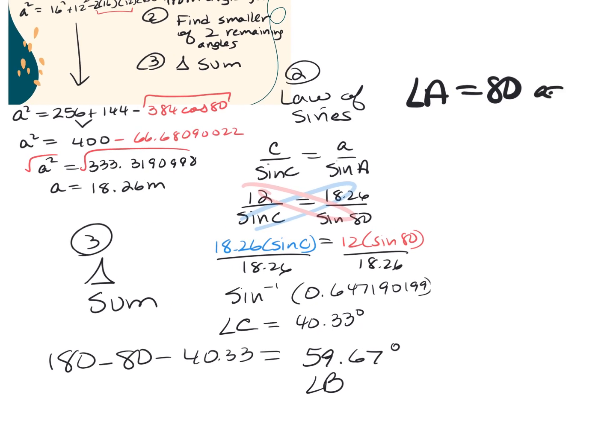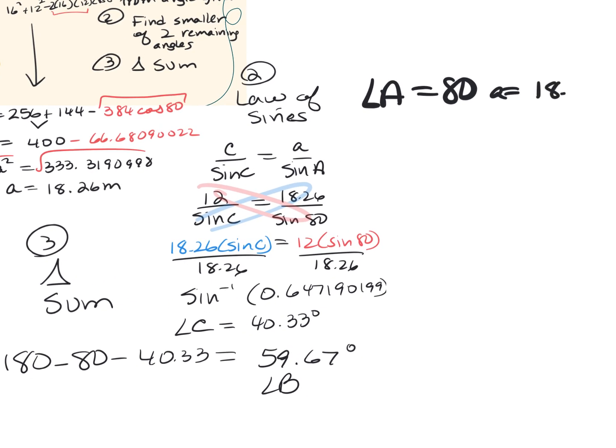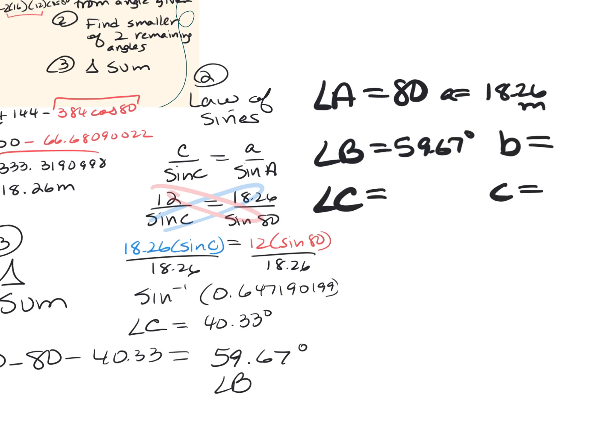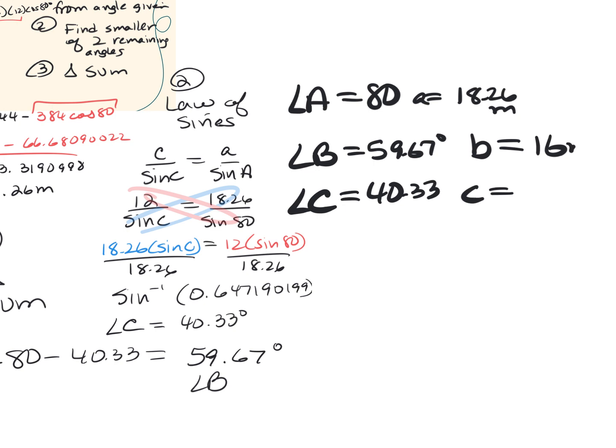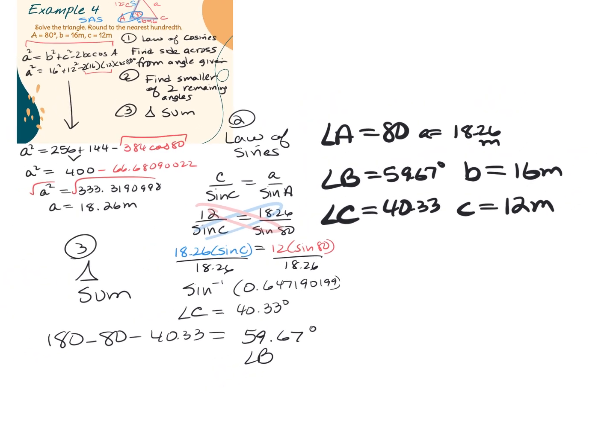I found side length A, that was the 18.26, and these are meters. I found angle B, the last thing I just calculated, the 59.67 degrees. Angle B, 59.67, angle C, 40.33, and then side length B and side length C were given to me from the beginning. And my triangle is complete.